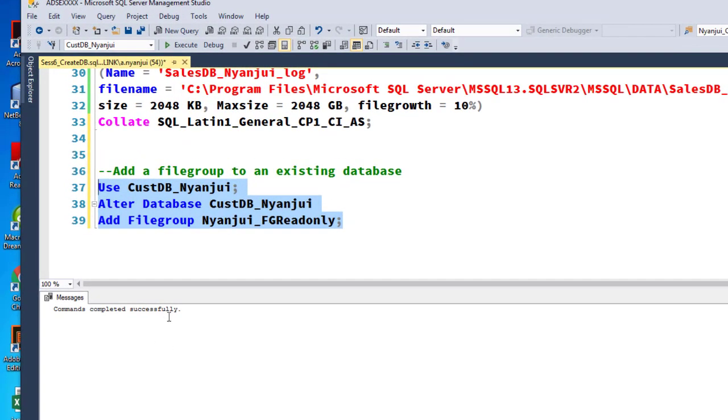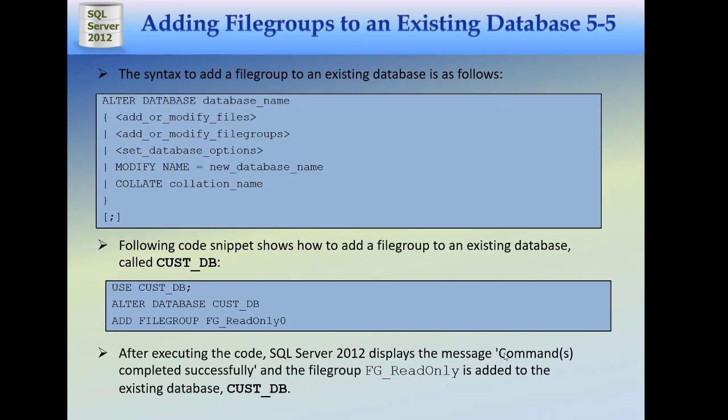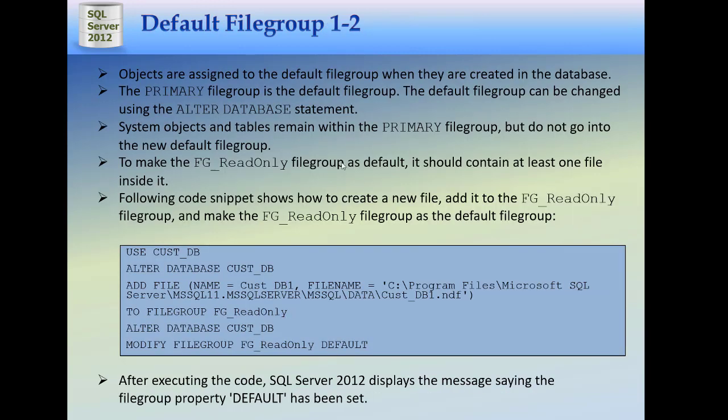The command completed successfully. Then we move on very quickly. We've seen this, and the file group is added to the existing database, that is the customer database. Now, please go and check this on your local machine and confirm whether this has been added, as a challenge. Okay, we move on.